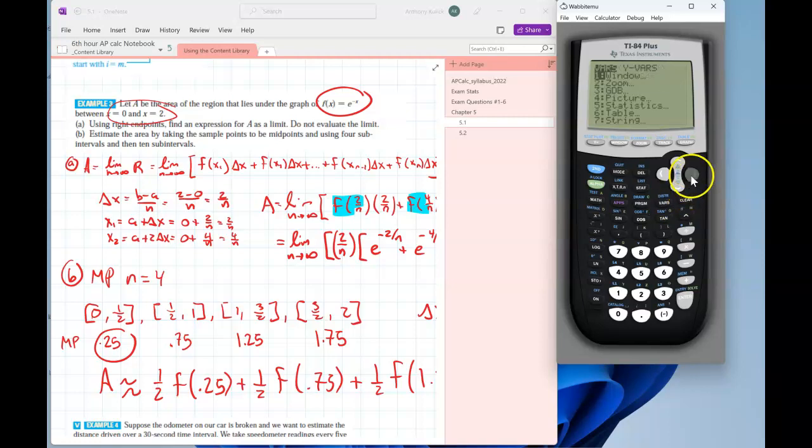Sorry. There we go. Then we'll add to that with 2 of these, so that would be 1.25. We'll add to that with 3 of these, so that'd be 1.75, and that's my last one. So 0.856 would be with 4 subintervals using the midpoints. I'm not going to do 10 because that just seems hyper annoying.